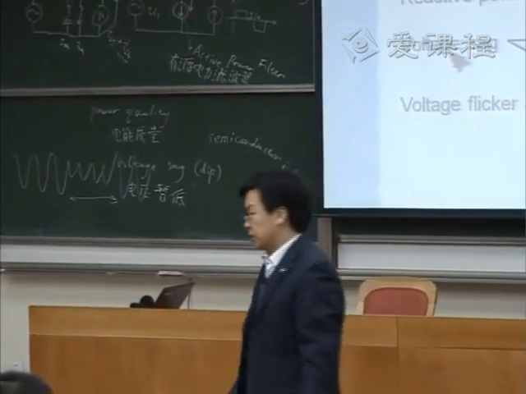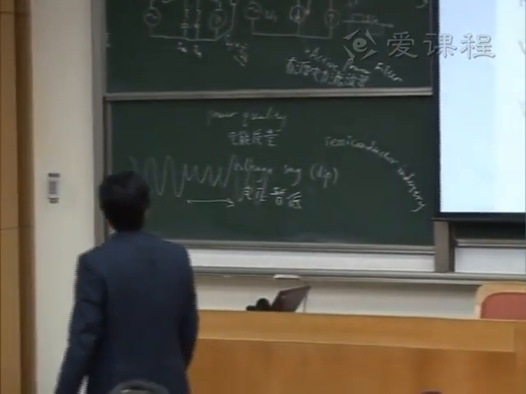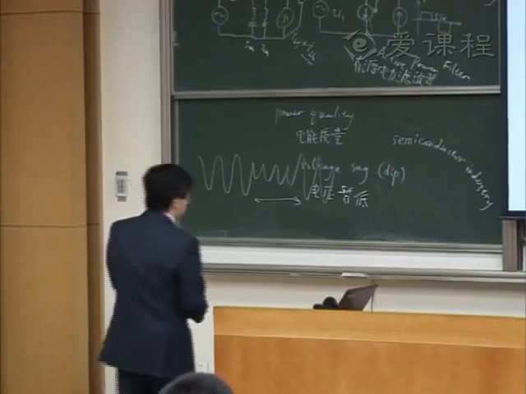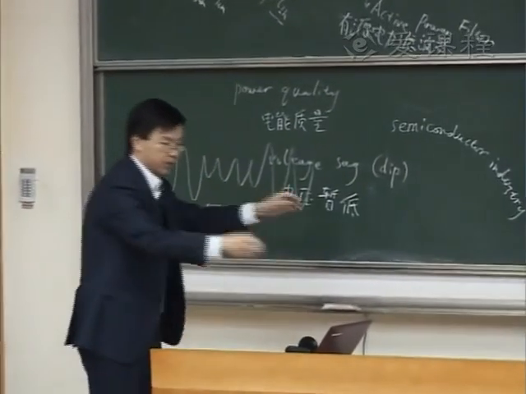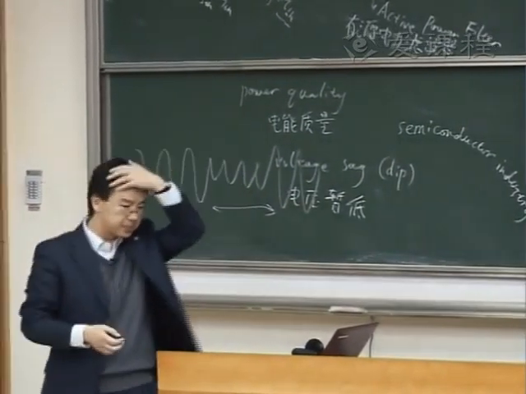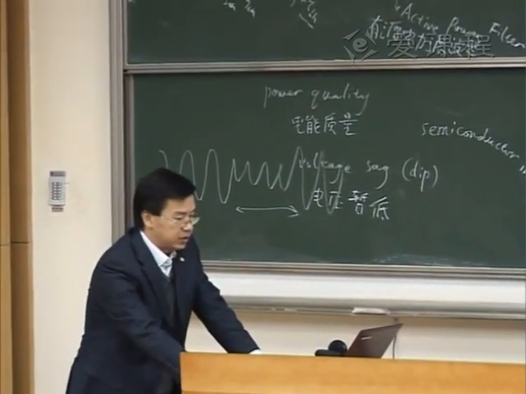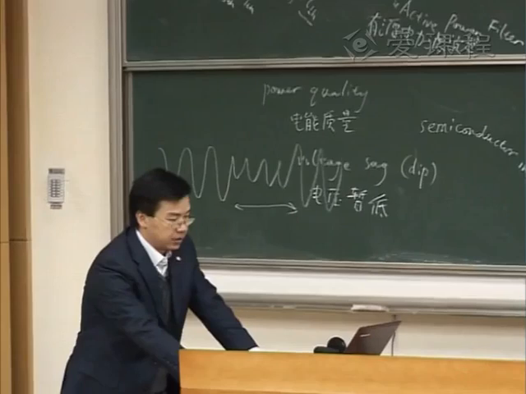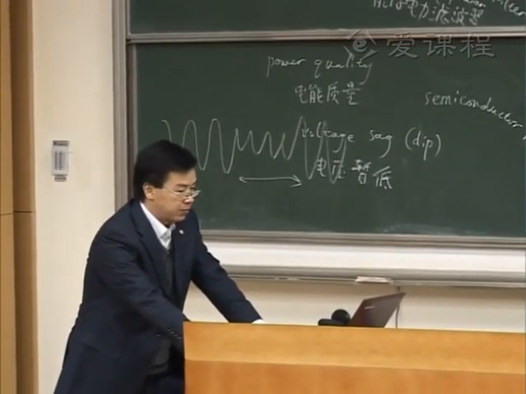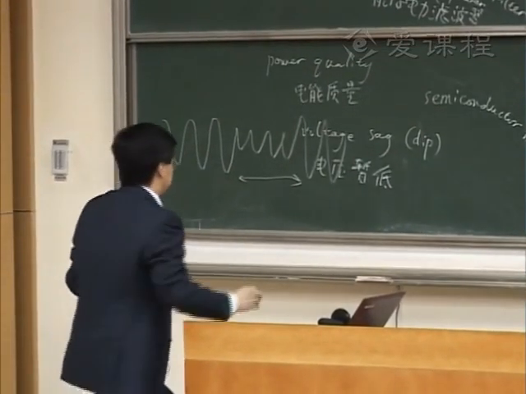Okay, so this is another cause. Voltage sag is another major cause of power quality problems right now. Okay, and the fourth one that is very often seen as a power quality problem is what we call voltage flicker.